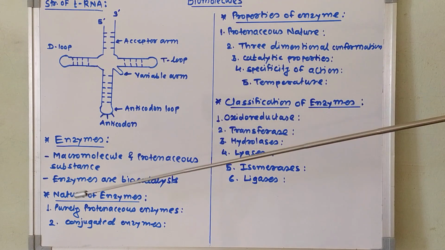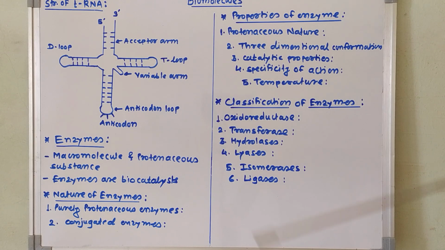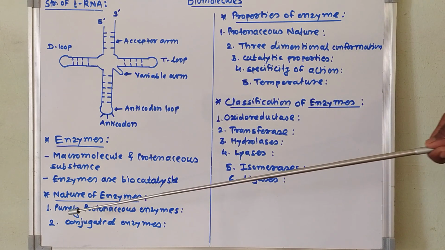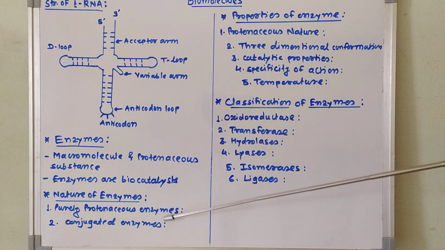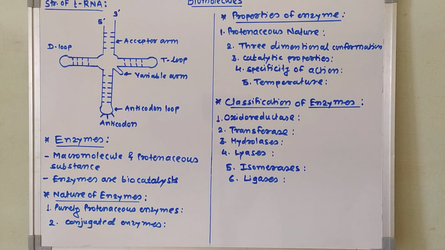Now we studied the nature of enzyme. On the basis of chemical composition, enzymes can be put into two categories: purely proteinaceous enzymes and conjugated enzymes.